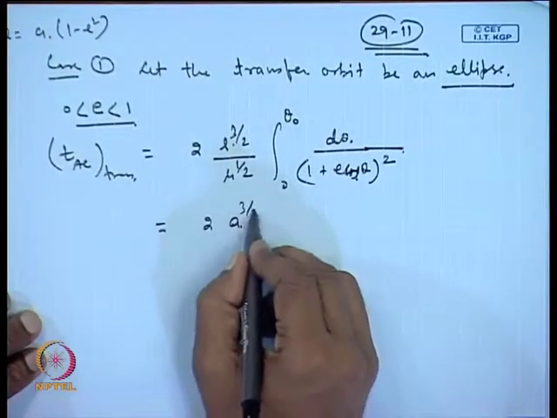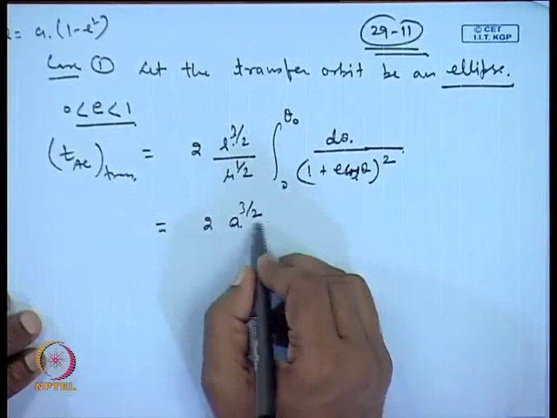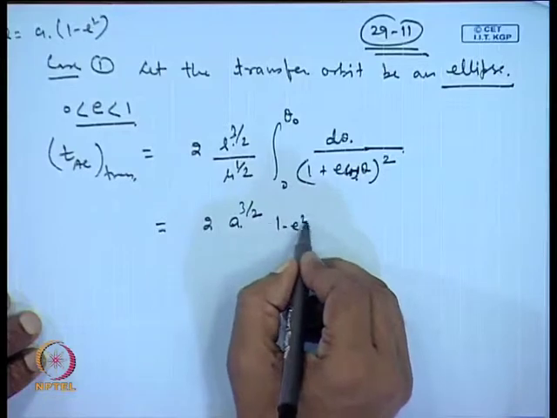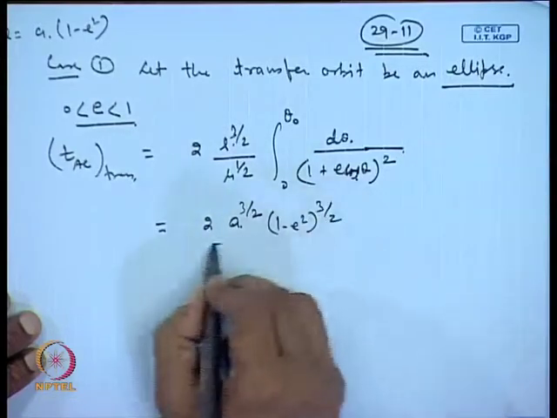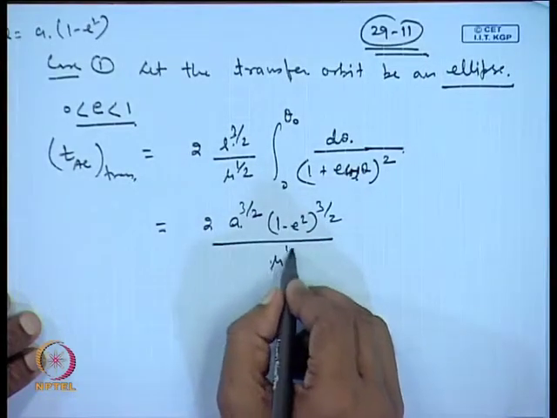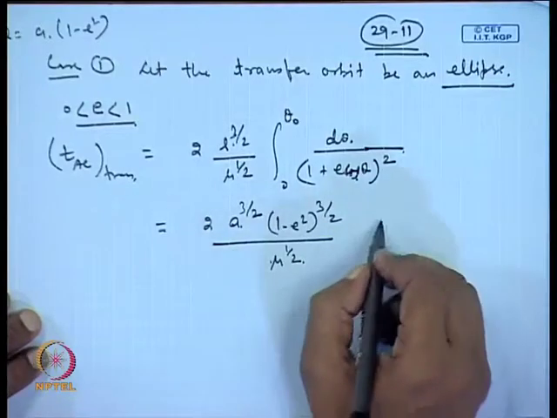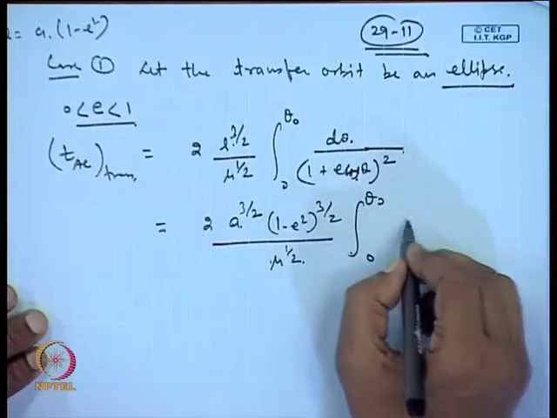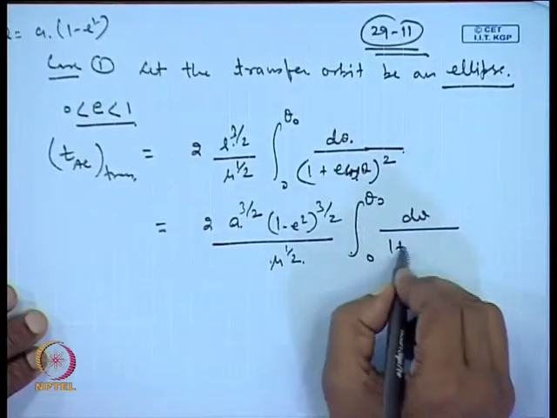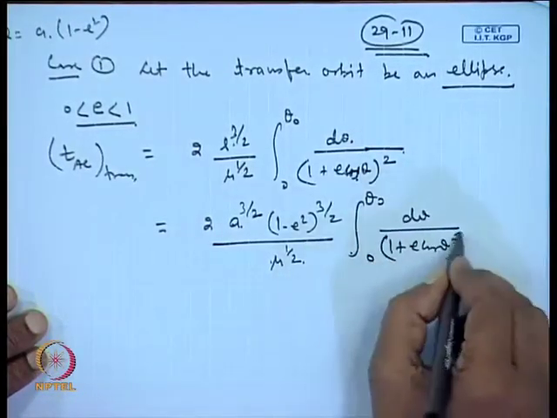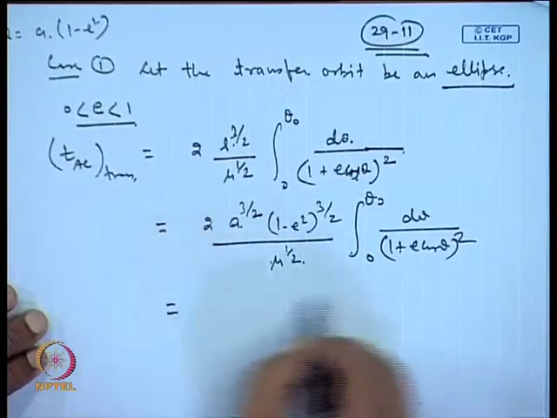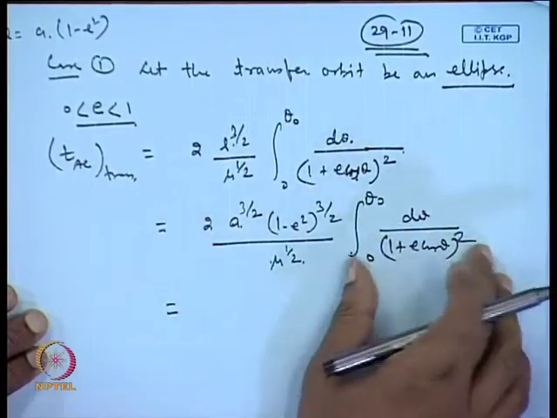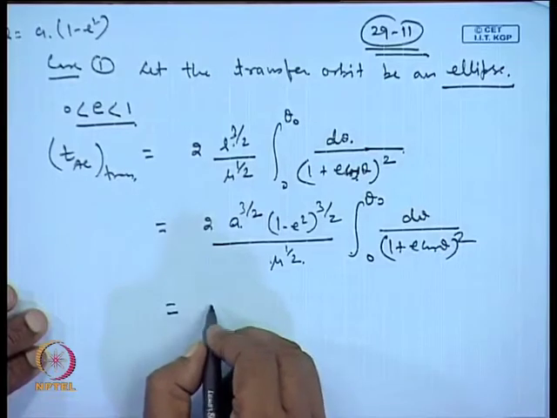So, this will get reduced to A to the power 3 by 2 times 1 minus e square to the power 3 by 2, integral from zero to theta 0 of d theta by 1 plus e cos theta whole square, and if you integrate it, the integration we have already done in the earlier discussion.